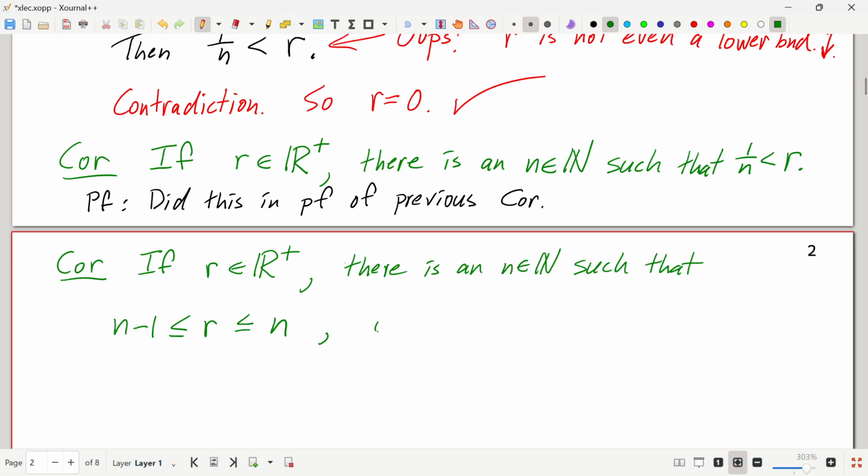Another way to write that is that r falls in the closed interval from n minus 1 to n.